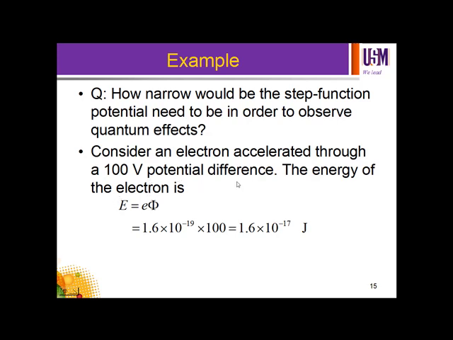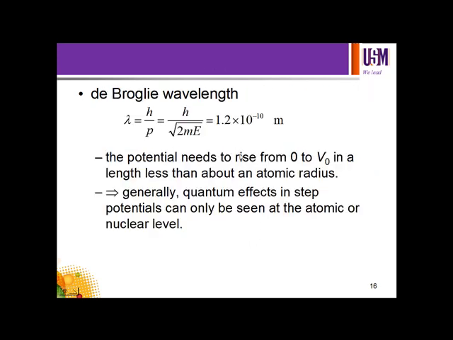The energy of the electron is E equal to the unit charge multiplied by the potential difference, which gives 1.6 times 10 to the negative 17 joule. The de Broglie wavelength, lambda equal to h over p, is about 1.2 times 10 to the power negative 10 meter. So this is the order of size of the de Broglie wavelength, 10 to the negative 10.